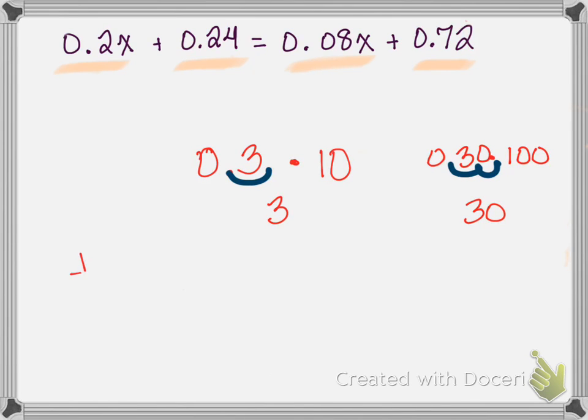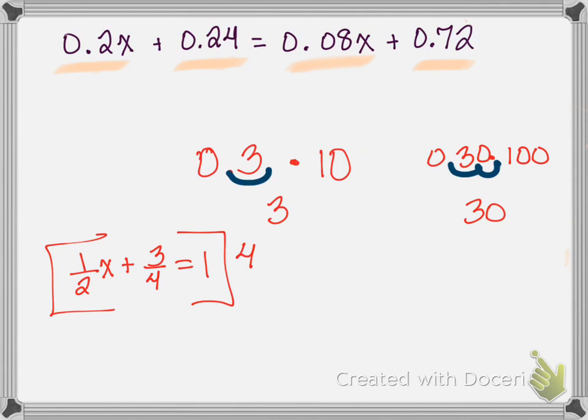Now, just like if I had 1/2 x plus 3/4, I would have to multiply all of this by 4, because 4 is my least common denominator. That means 2 goes into 4 and 4 goes into 4. When I am dealing with decimals, I have to do something very similar.